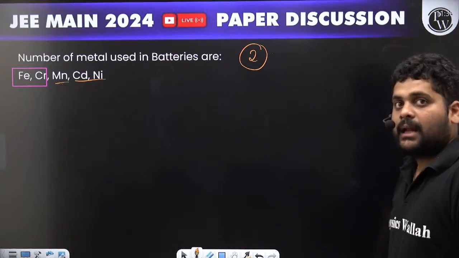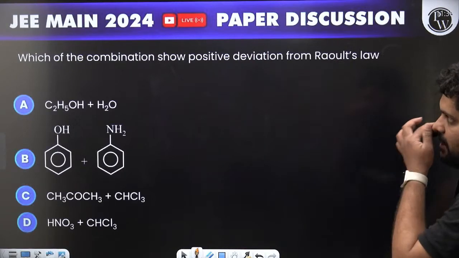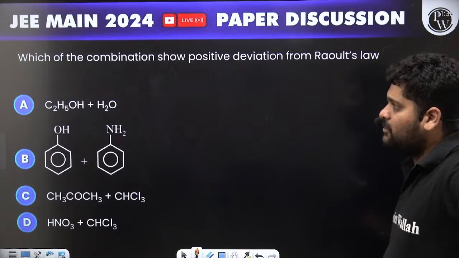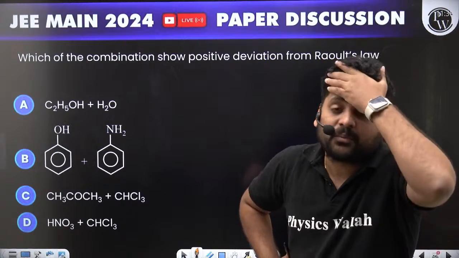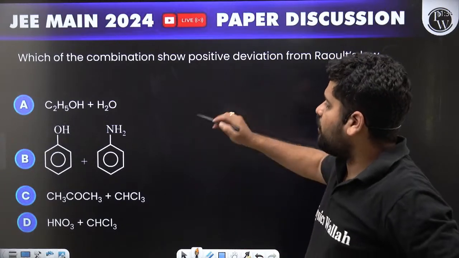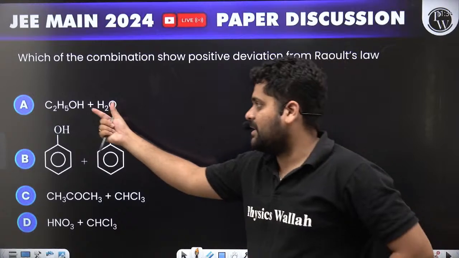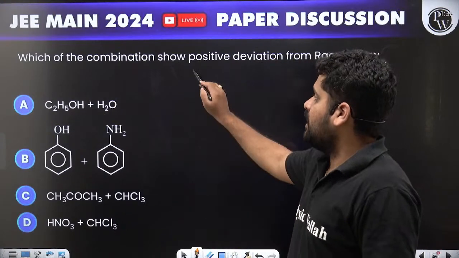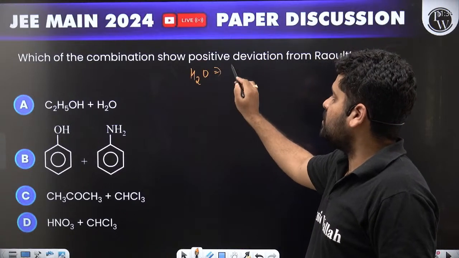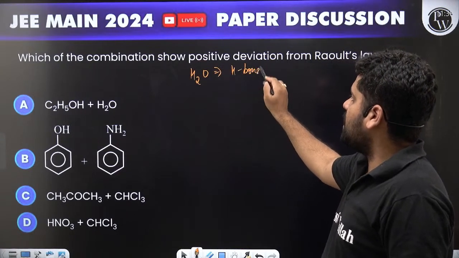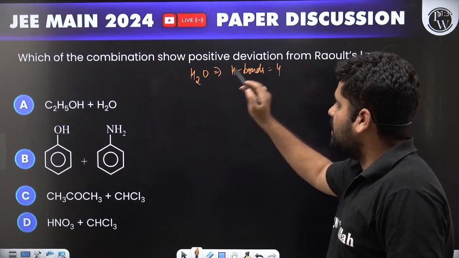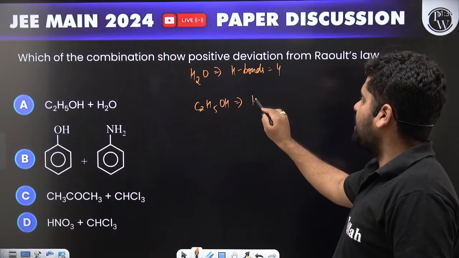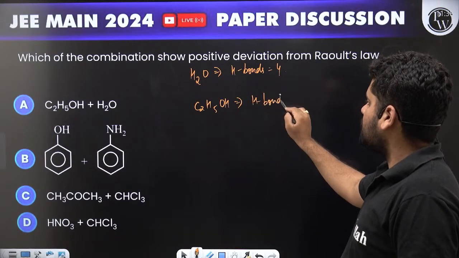Okay. Now, next one. Which of the combinations shows positive deviation from Raoult's law? Positive deviation from Raoult's law. See, in the first option we have ethanol and water. In the case of a water molecule, the number of hydrogen bonds is equal to 4. And when we have an ethanol molecule, the number of hydrogen bonds is 2.